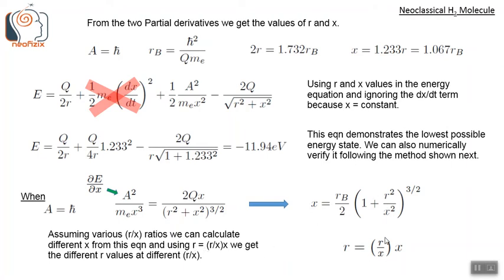And using the equation r equals r by x into x, because we know x from this equation and r by x is assumed, we can find the value of r by multiplying r by x with the corresponding x. So we get r. Thus we get x and r uniquely for any given value of the ratio r by x.